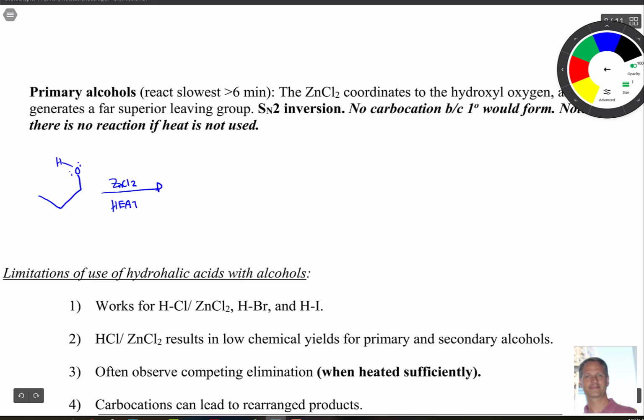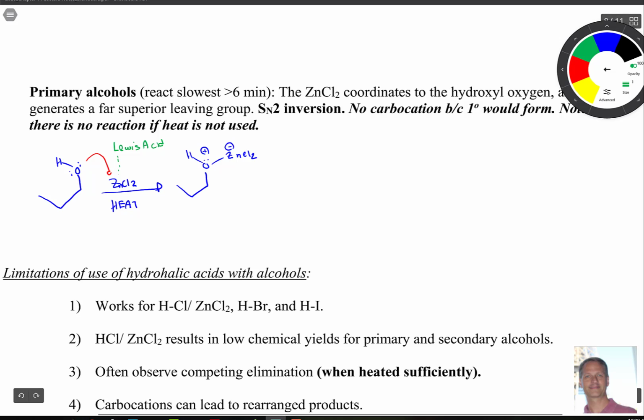This thing's a Lewis acid. The oxygen's the base. It's going to come over and do this. So we will form an O and H, ZnCl2, plus and a minus.